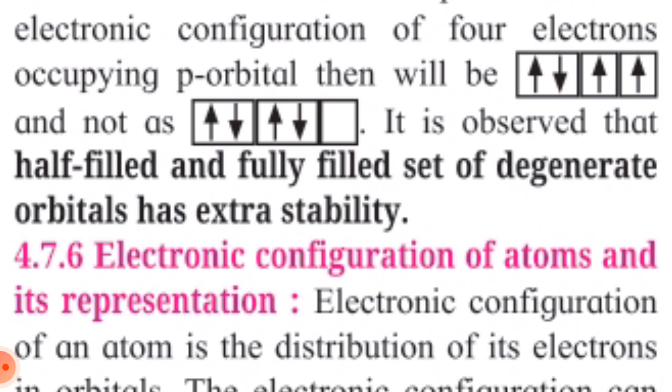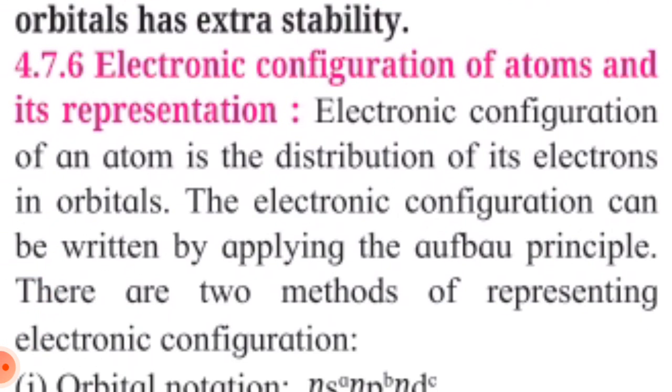It should be filled as unpaired electrons first, and then paired once all the orbitals are filled with unpaired electrons. It is observed that half-filled and fully filled sets of degenerate orbitals have extra stability.